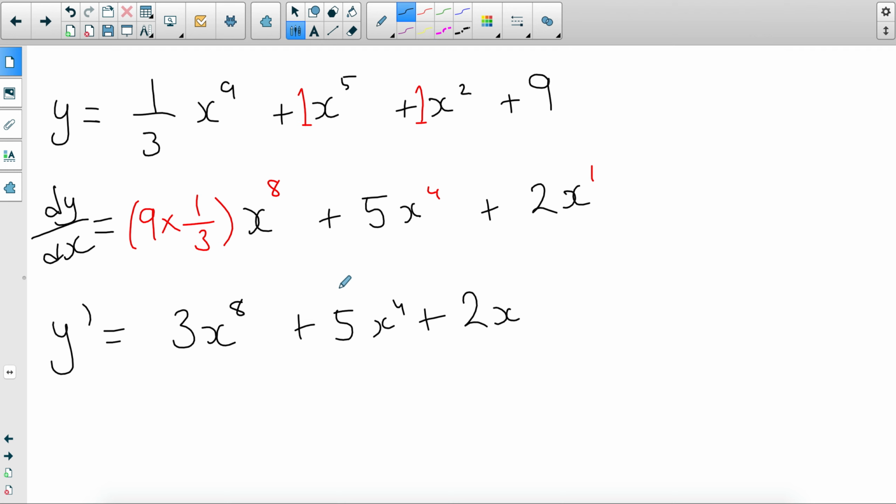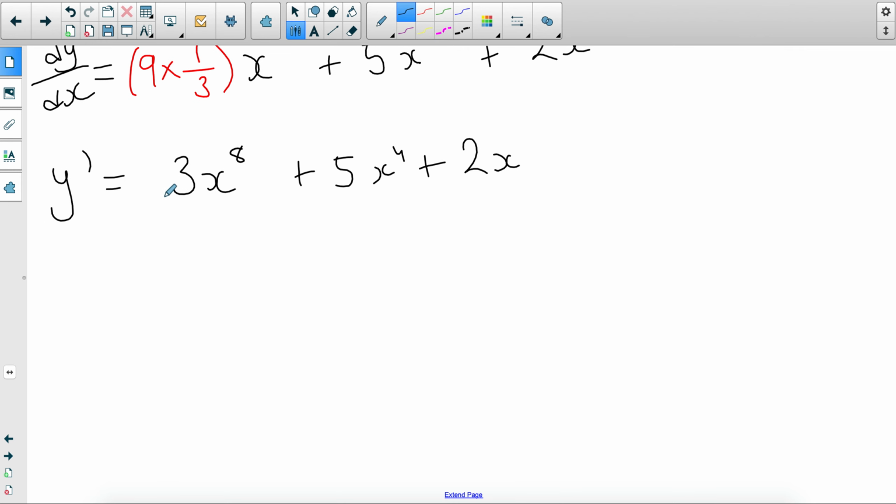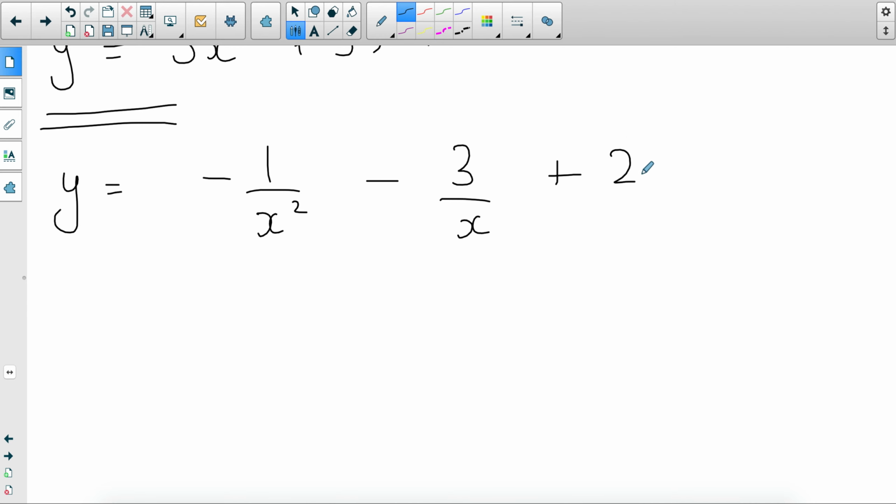Let's say you had more of the questions with fractions or with negative powers. So if you had y equals negative 1 over x squared minus 3 over x, and then say plus 2x cubed minus 3x.